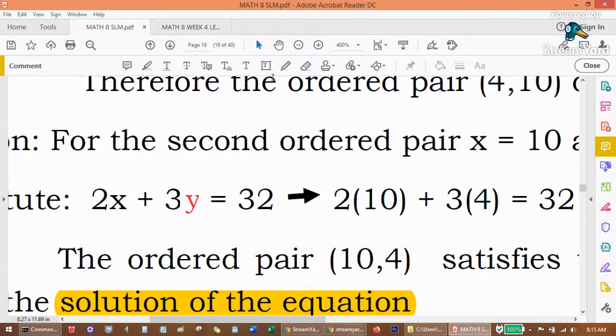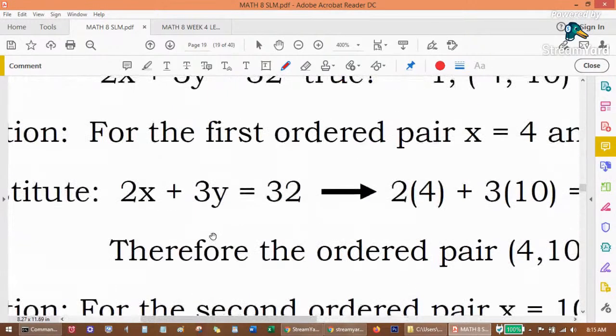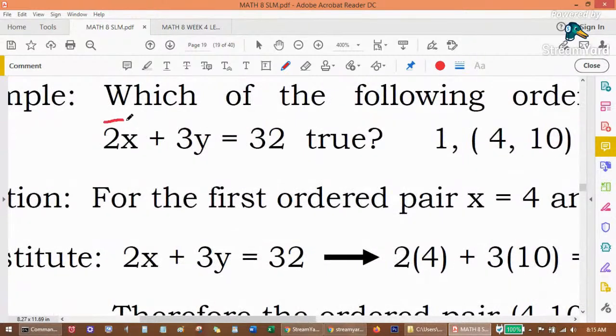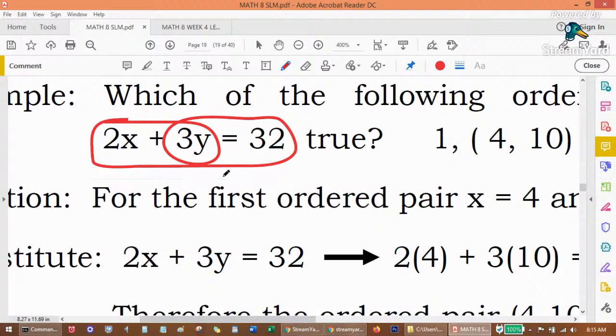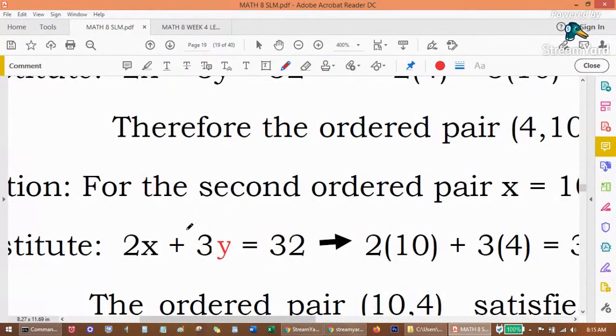Okay, so sorry for the delay. Kinarek lang natin. So the original equation was 2x plus 3y is equal to 32. Correct na. 2x plus 3y is equal to 32.